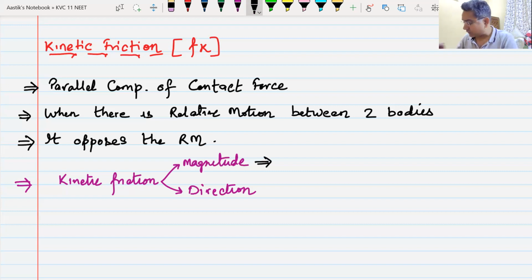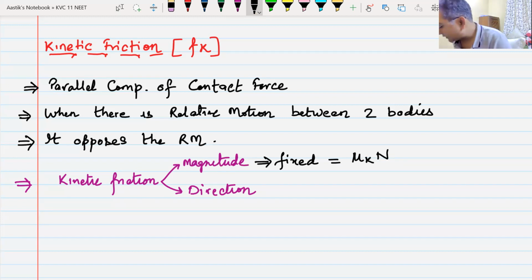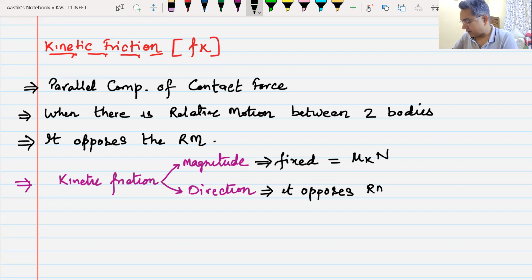What is the magnitude of this kinetic friction? The magnitude of this kinetic friction is always fixed, and that is equal to mu k multiplied by n. The direction of kinetic friction would be such that it opposes the relative motion.